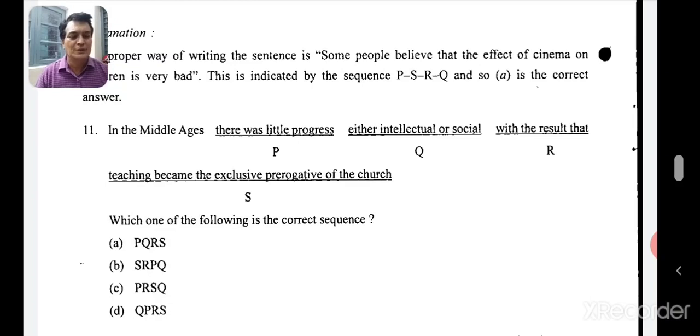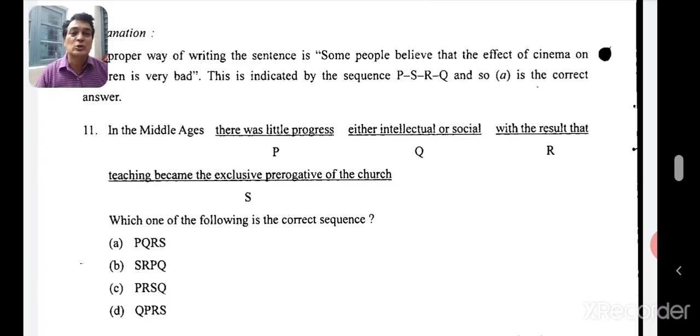Now here let's take up this example. In the Middle Ages, so what should come there? There was little progress or teaching became, because in the case of these two, either one of them should come. In the Middle Ages, either it will not come like that or it will not come with that. So it has to be in the Middle Ages subject.